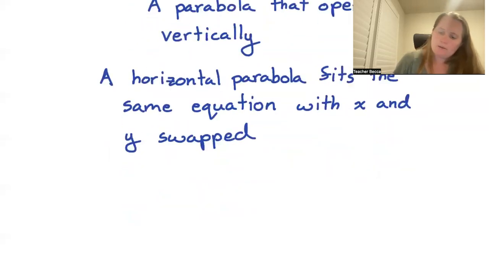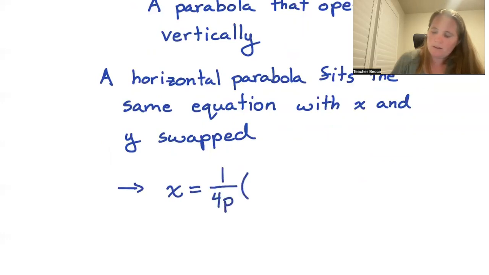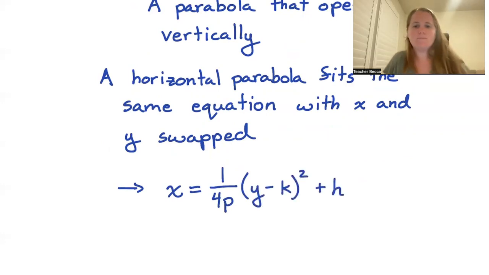So we would have x equals 1 over 4p times y minus k squared plus h.